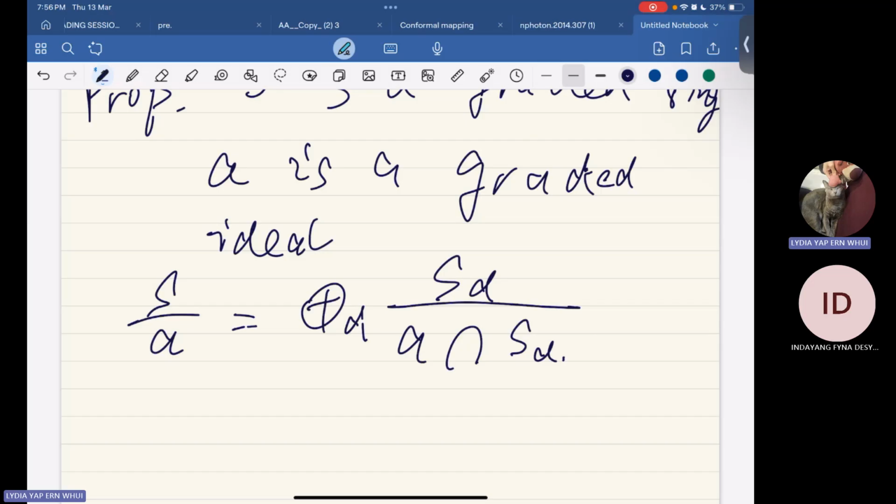Actually, it's just quotienting each piece by piece, and taking the direct sum.